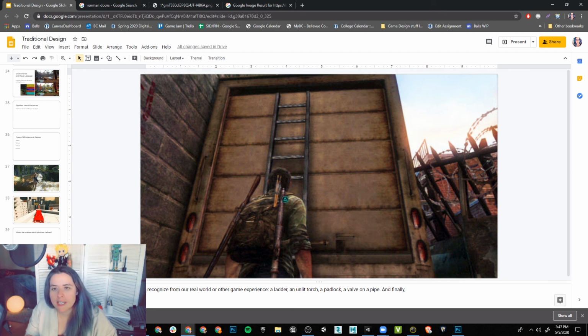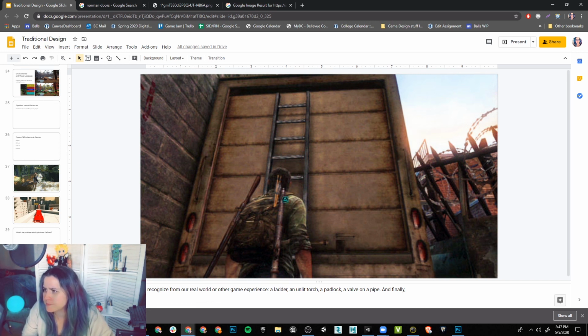This one's a little tricky because when we're talking about cultural affordances, we're usually talking about Western culture. Fire doesn't necessarily mean the same thing everywhere, but it usually means warmth, right? A padlock or a valve might look very different from one country to another. So just remember that when you are designing some of these things, use more universal signifiers for affordances, right?